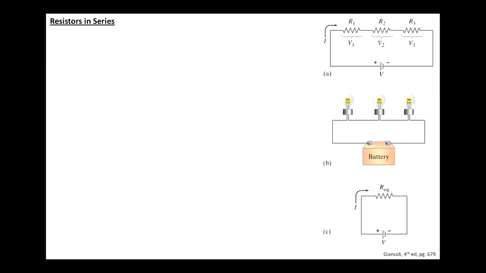Series just means one right after the other. So if there is no break in the circuit and one resistor is connected directly to a second resistor and then maybe to a third, a fourth, and a fifth, and a sixth, and a seventh, well, the same current, whatever it happens to be, is forced to pass through all of the resistors. So we could say that all resistors in series have the same current passing through them.